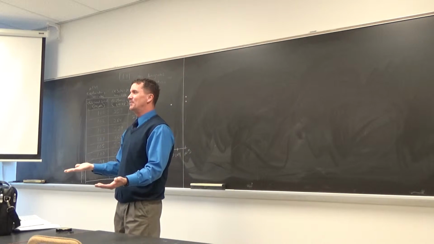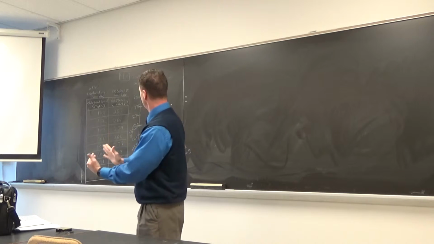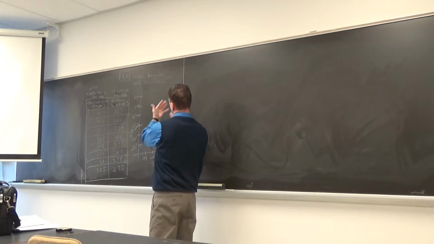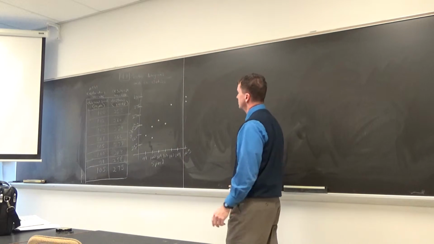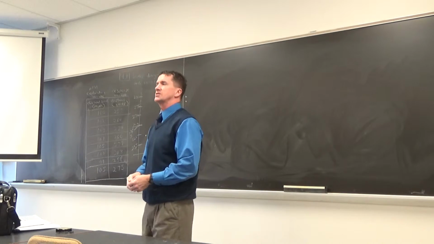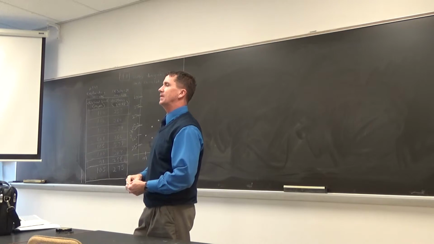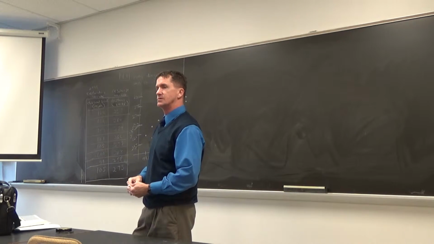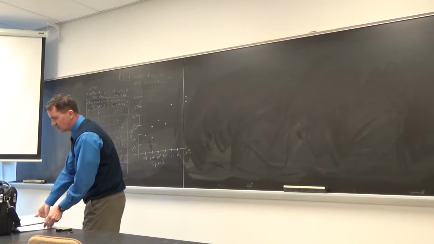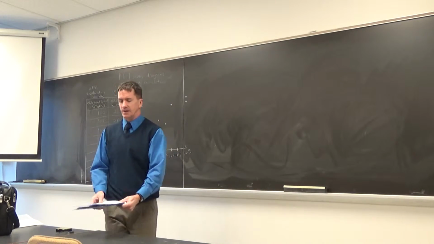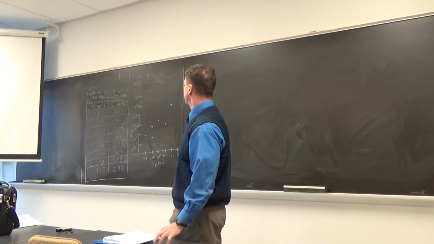But if the dots are pretty tight together, it's all going up like this, we might say, hey, there appears to be a linear relation here. We can use words like strong. There appears to be perhaps a strong linear relation. So that's where we're going right now. That's what we're going to do right now, talk about correlation.